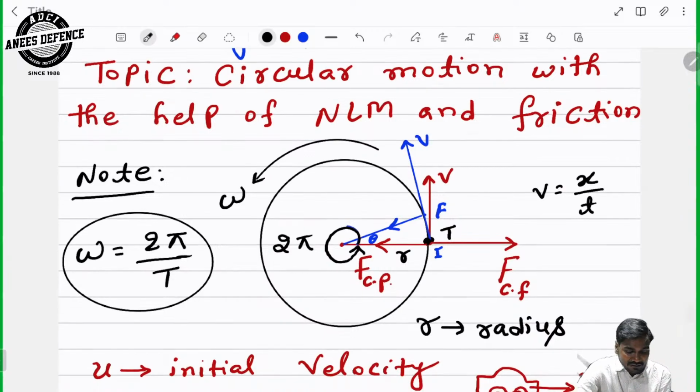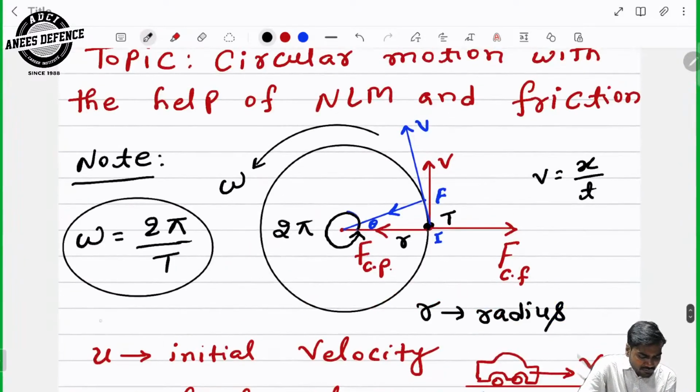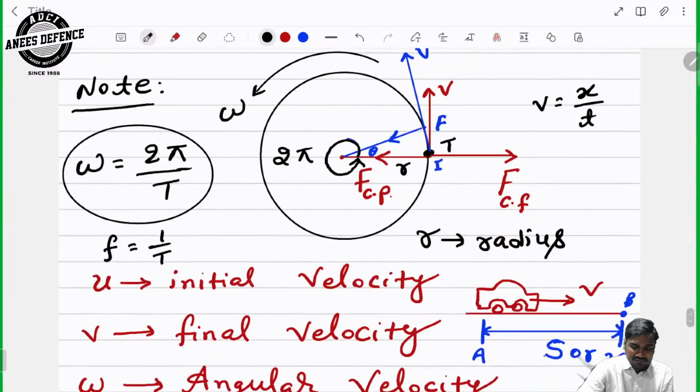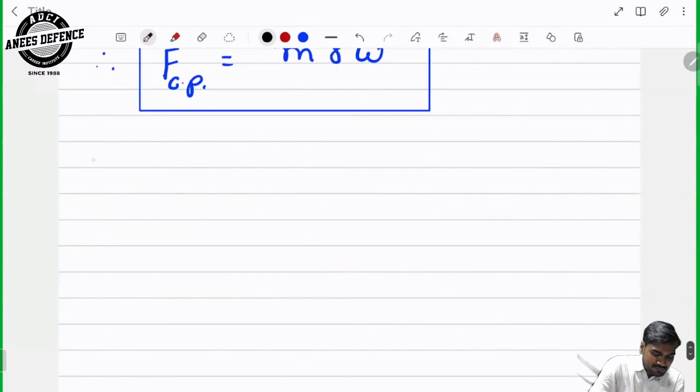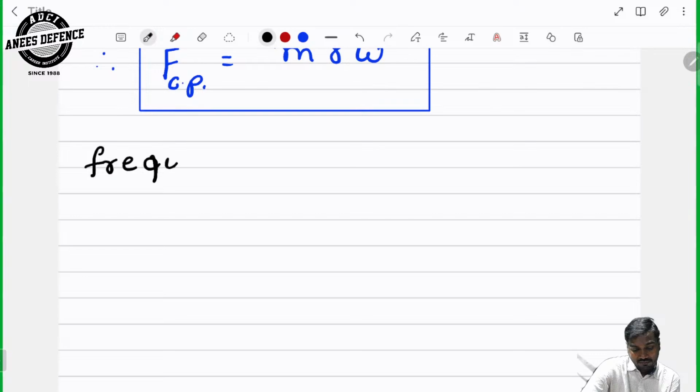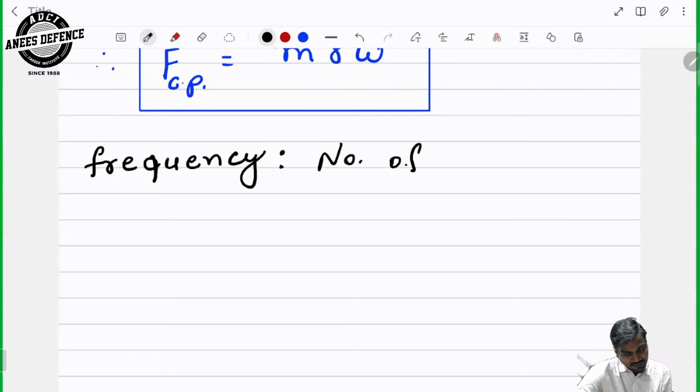Next one. Listen, frequency is 1 upon time period. The reciprocal of time period is nothing but frequency. So the simple meaning of frequency is the number of cycles per second.